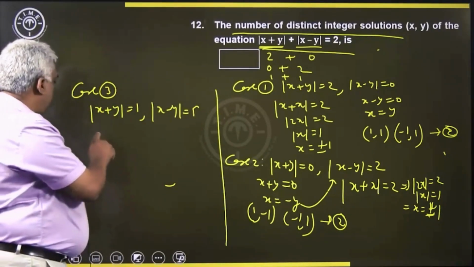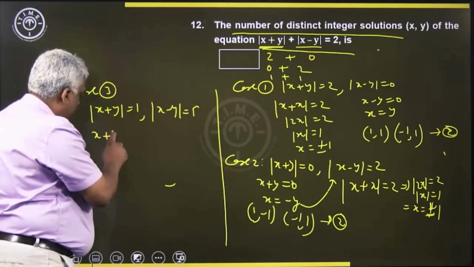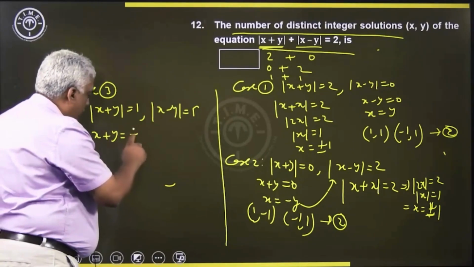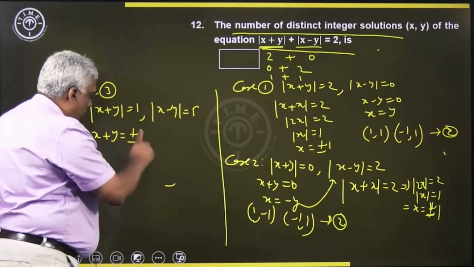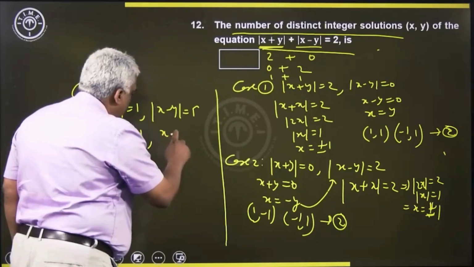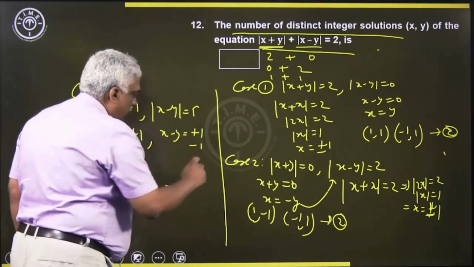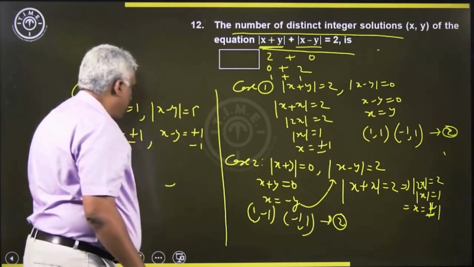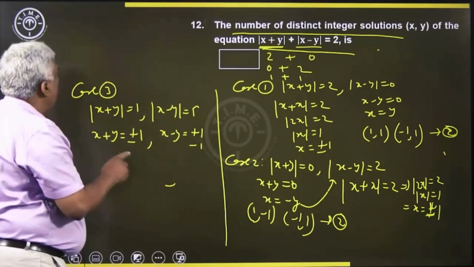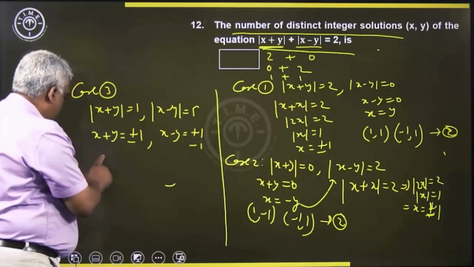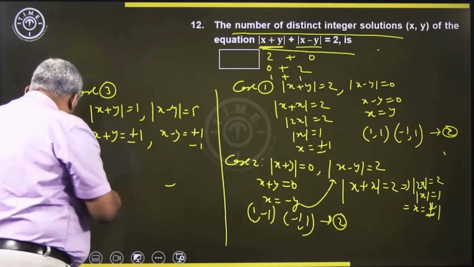So here we can have x plus y equal to plus 1 or minus 1, and x minus y can be plus 1 or minus 1, right? So we have 4 cases.